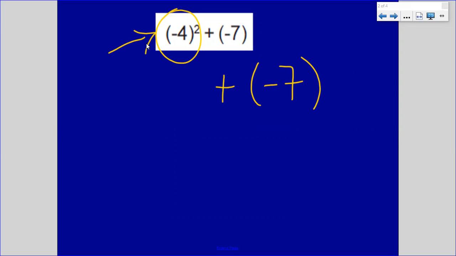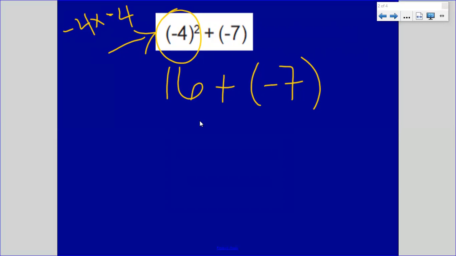But remember, when everything is inside the parenthesis, including that negative, when that whole parenthesis is squared, it's what's inside of it times itself, okay? So it's -4 times -4, okay? That becomes a positive 16. And that's where the main error was.